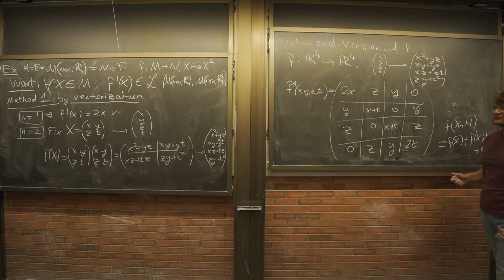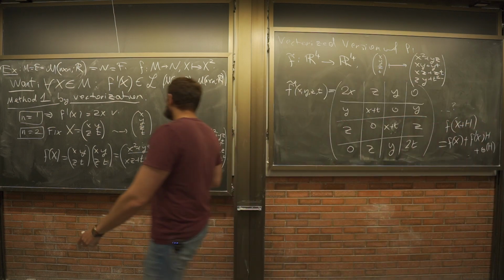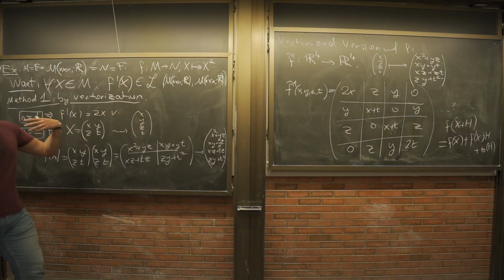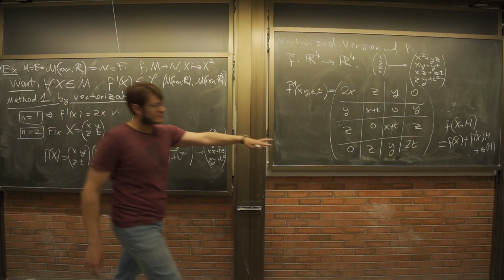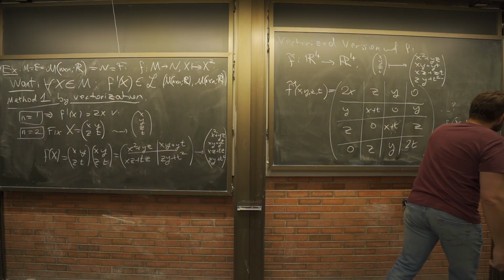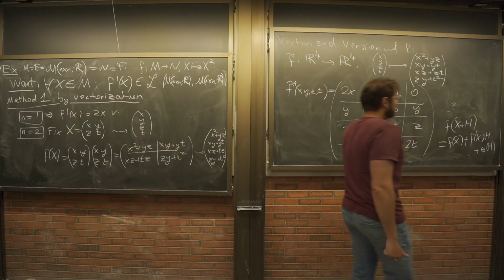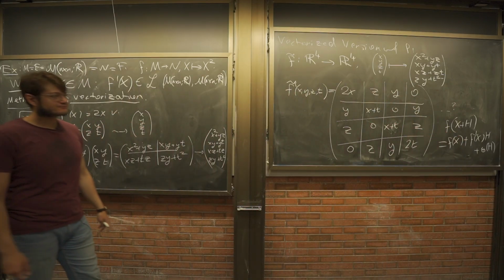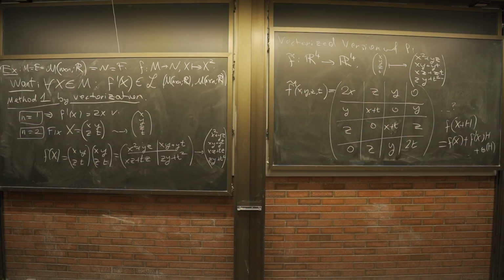You can do it, of course. You need to de-vectorize everything, recover an appropriate expression that you can plug in here, where H is a 2 by 2 matrix. But it's somewhat complicated. Okay? And of course, this is only dimension 2, n equals 2.